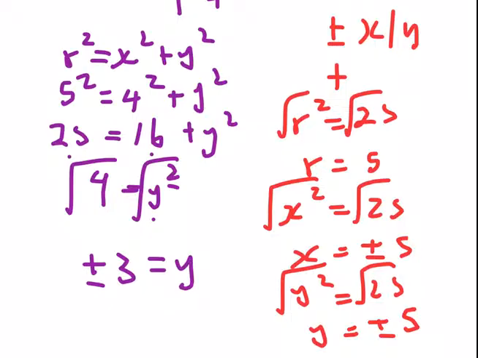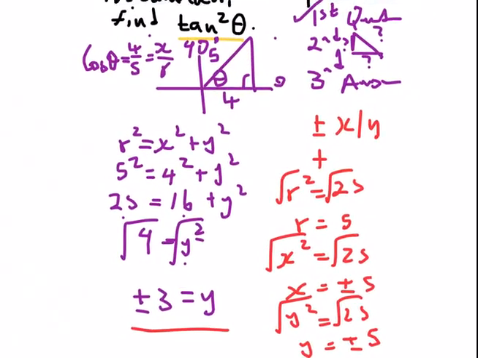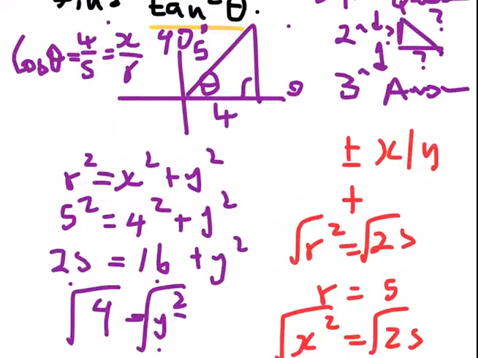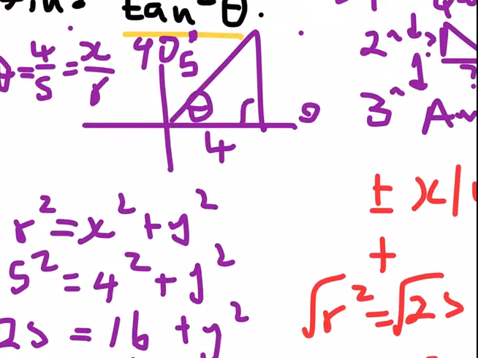So since our y value is plus or minus, we need to choose. How do we choose? We look at the quadrant in which that triangle falls and ask whether the y suits to be positive or negative. Definitely it suits to be positive, because in this quadrant we have positive y values.